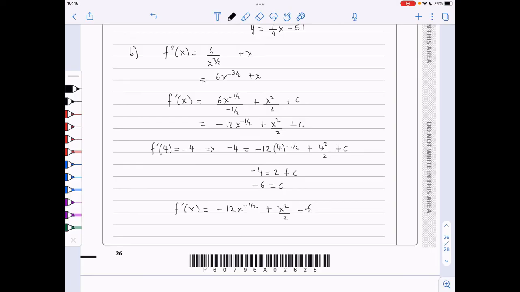Now I'm going to repeat essentially the same process once more to go from f dash to f.